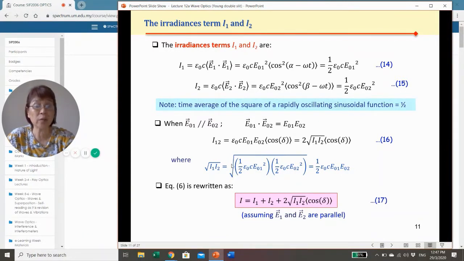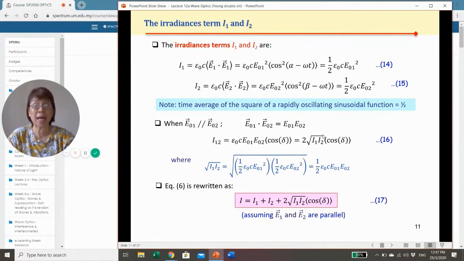How do we do that? Well, let's just input this expression into this here. So in the end, we have a half squaring here and a root, so the half is out. And then epsilon 0 multiplied by this is squared, so the square root brings out c, and you get E01 E02. So this expression will be equal to half of this. That's why we have a factor of 2 here.